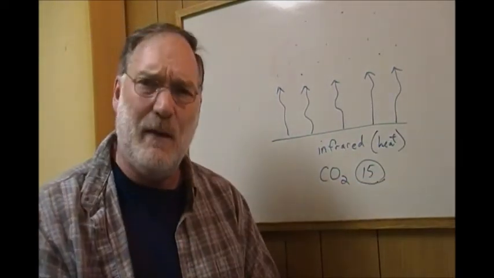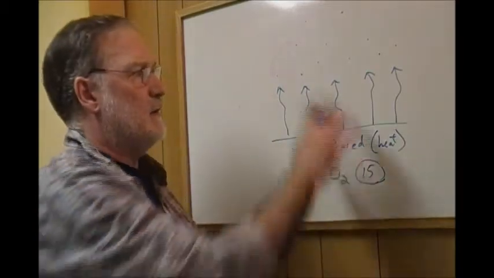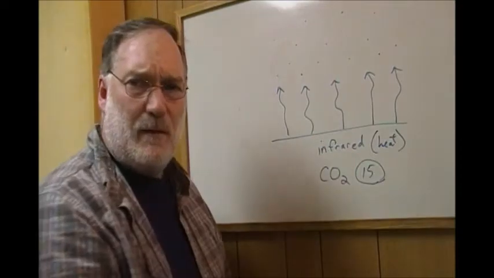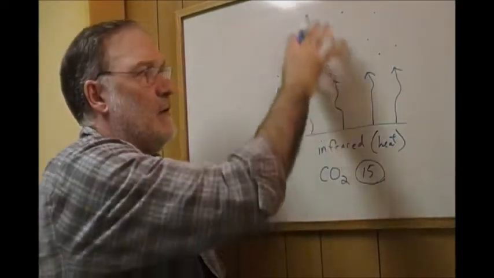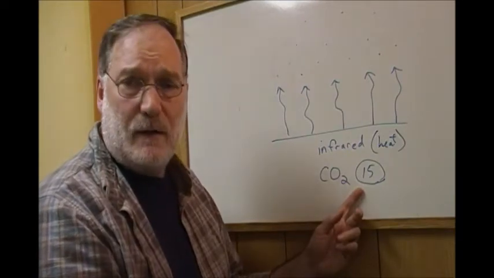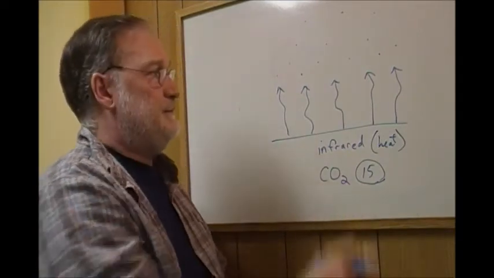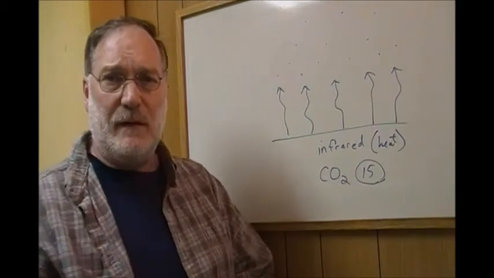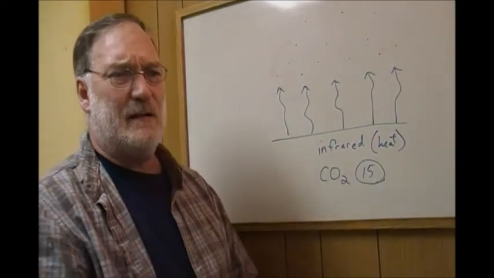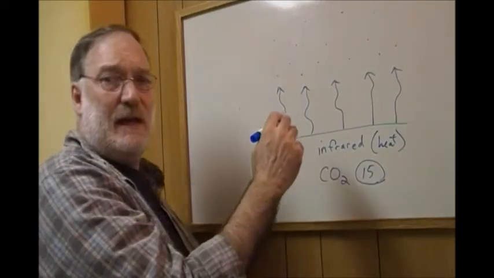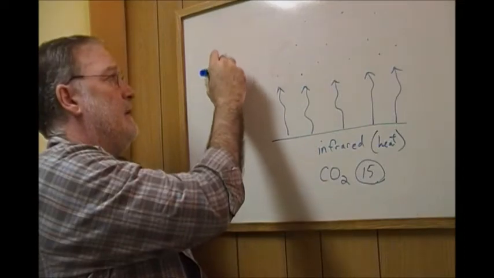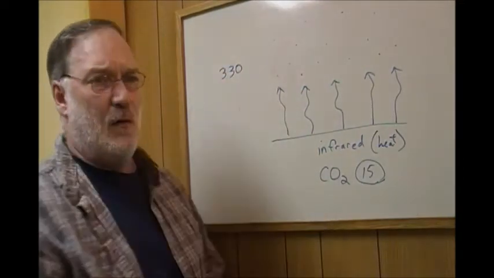So the question is, how many molecules would it take to completely overshadow a square meter of ground, and absorb all the radiation at the 15 micrometer wavelength as it comes up off the earth, and completely absorb it? Well, each carbon dioxide molecule has what's called a kinetic diameter, or a diameter of 330 picometers.